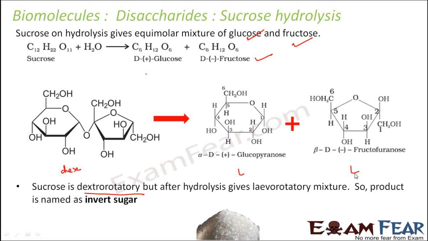It is surprising that sucrose on hydrolysis gives two units which are both levorotatory, so it is often known as invert sugar, because the nature of it gets inverted. If you want a better understanding of dextrorotatory and levorotatory, please refer to chemistry videos, because I am assuming you know these from your chemistry knowledge.